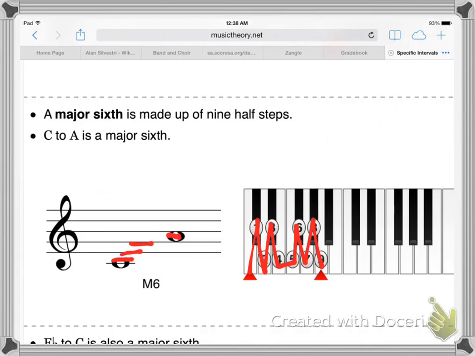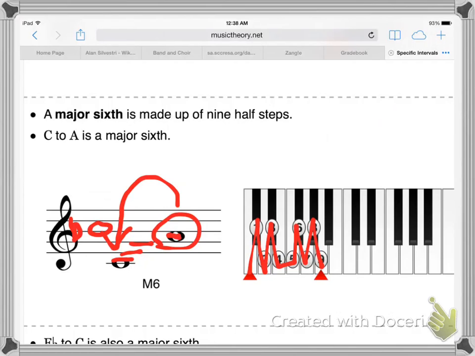The other way you can tell if it's major, for those of you that will understand this, is if the top note is in the same key signature as the bottom note, it'll be major. Okay, so let's say this is B flat, and I want to do a major 6.